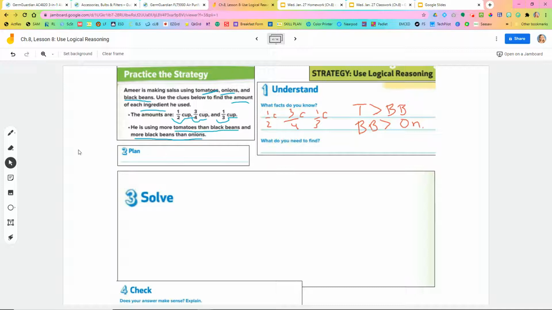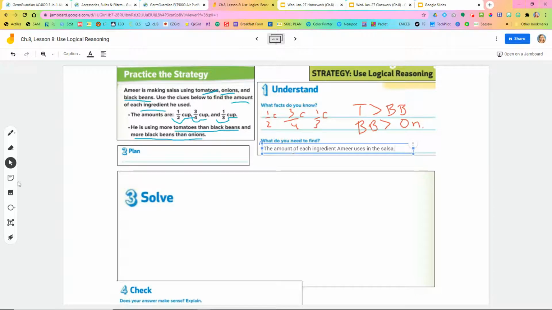All right, so now let's look at what we need to find. The problem has asked me to find, there it is, the amount of each ingredient Amir uses in salsa.